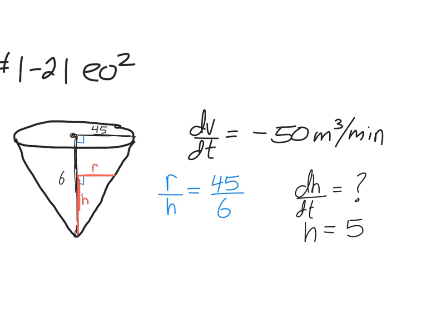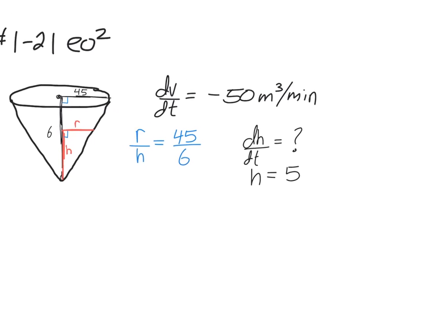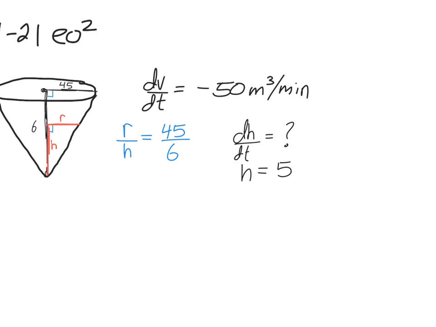So when I take my volume of a cone formula, any instance that involves an R, we want to swap that out. Since we know that R over H is equal to 45 over 6, we can replace the R with 45 over 6 H just by cross multiplying.